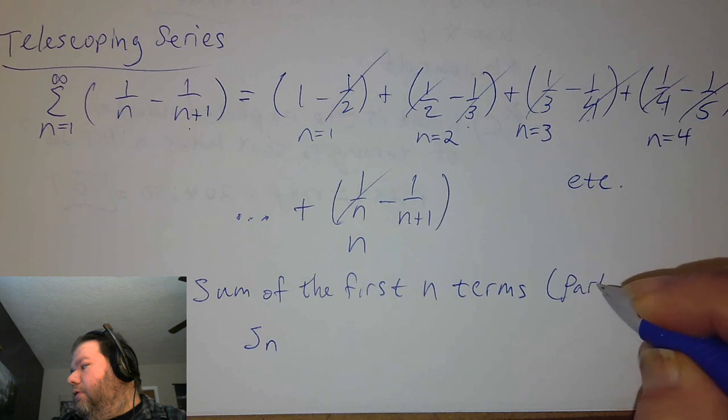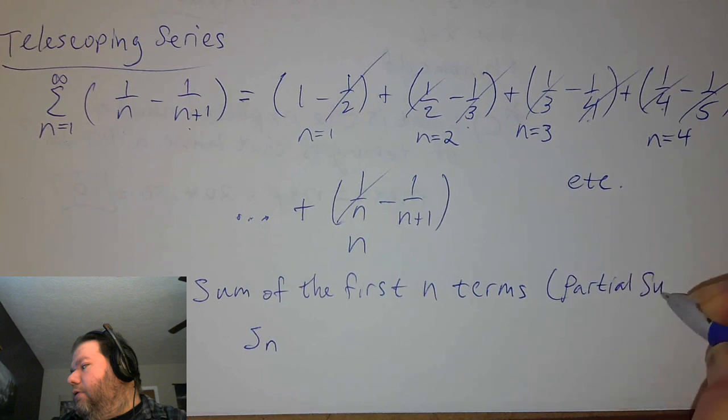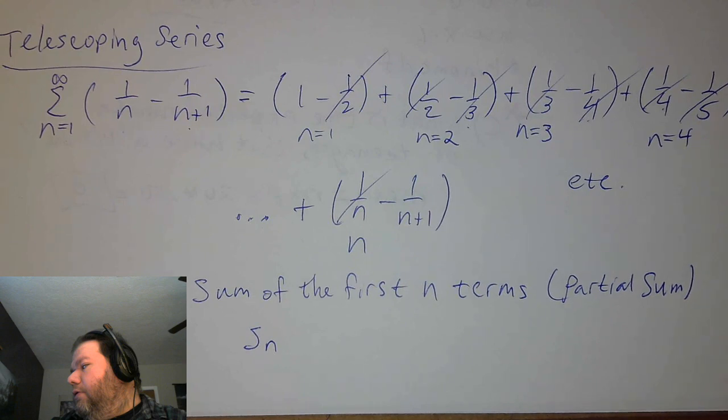This is a partial sum. The reason it's called a partial sum is because it's only a sum of part of the series. It's only the first however many terms that we look at.